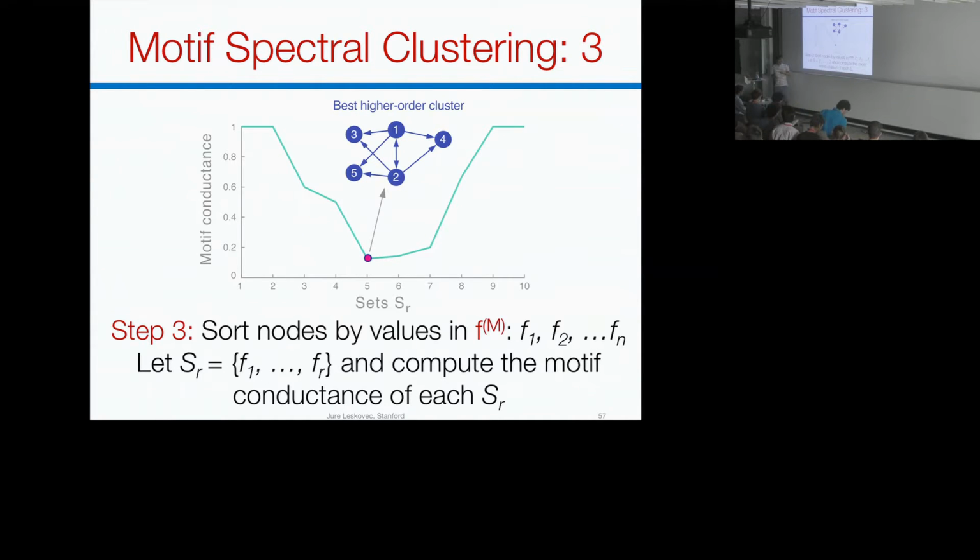And I will call this a candidate cluster. So now I can plot as a function of R what is the motif conductance. So here is a cluster of size 1, this is a cluster of size 2, cluster of size 3, 4, 5, and so on. Okay, is it clear what I'm doing?